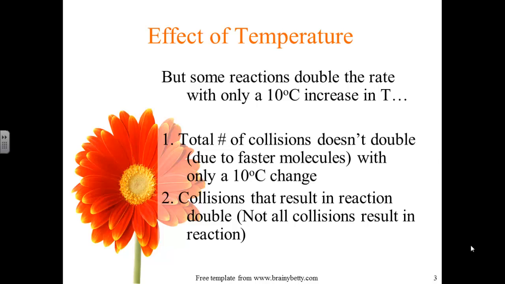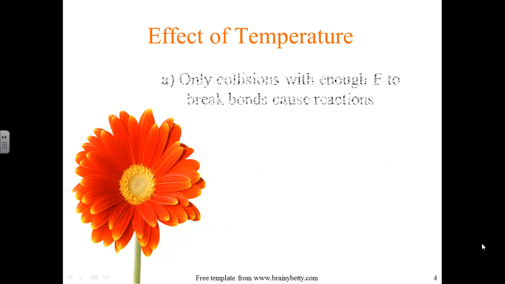So you're doubling the collisions that result in reaction, not necessarily doubling the total number of collisions. Only those collisions with enough kinetic energy to break bonds will cause reactions. If the collision isn't high energy enough, the bonds won't be broken and the reaction won't occur.